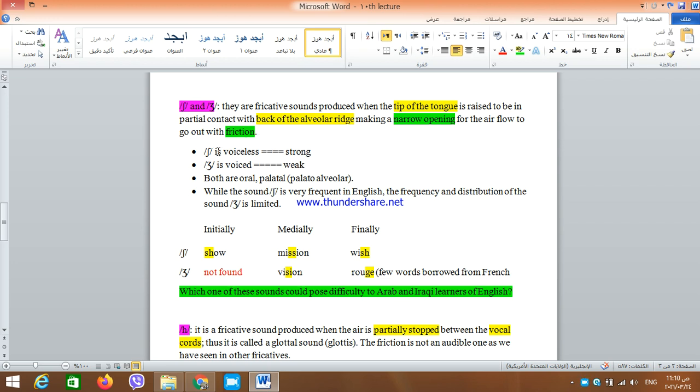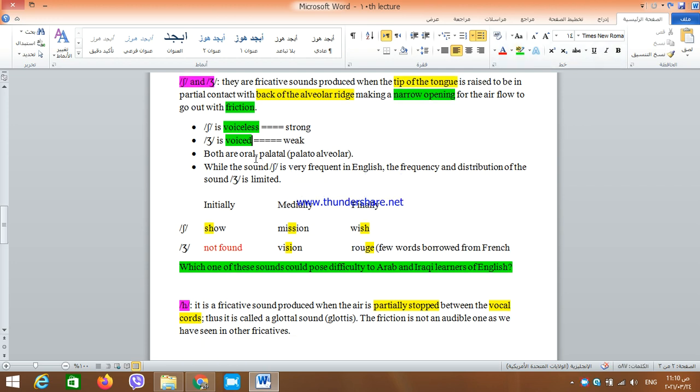Okay, se is voiceless. Sorry, sh is voiceless. It is a voiceless sound. You can put your fingers and feel shh. So it is strong, while you can feel it. Je is voiced. There is vibration. So since it is voiced, it's going to be weak. Both are oral.